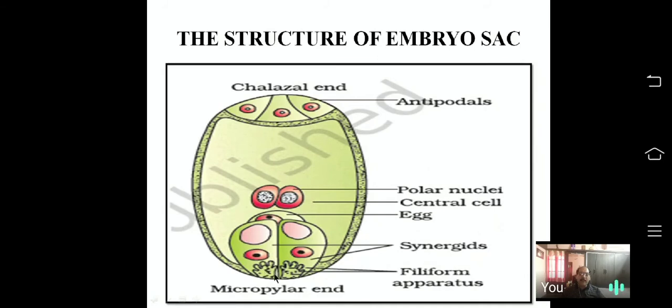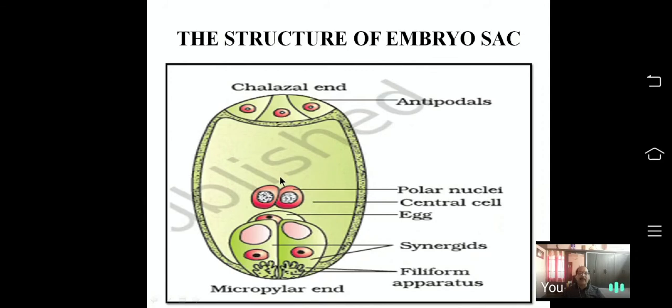This filiform apparatus helps in directing the growth of the pollen tube into the egg cell during fertilization. How many cells lie towards the chalazal end? 3, called antipodals. How many cells are present towards the micropylar end? 3 cells, called the egg apparatus.